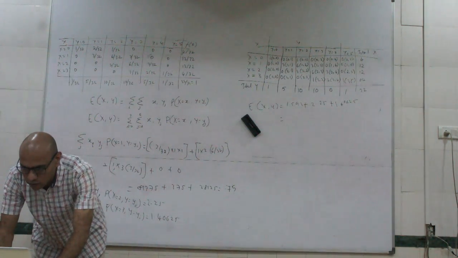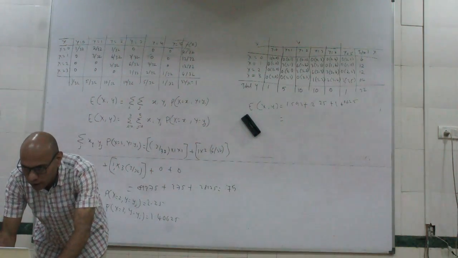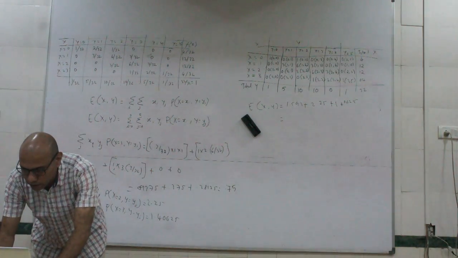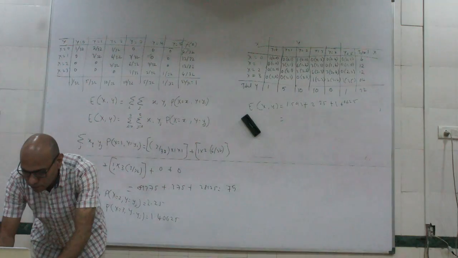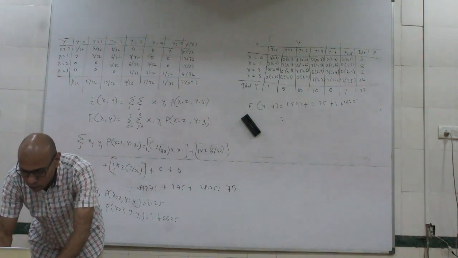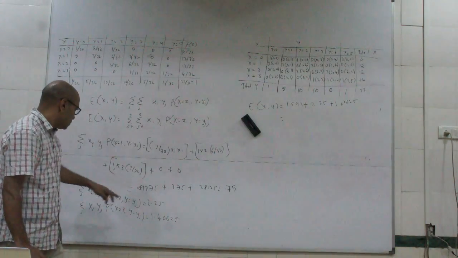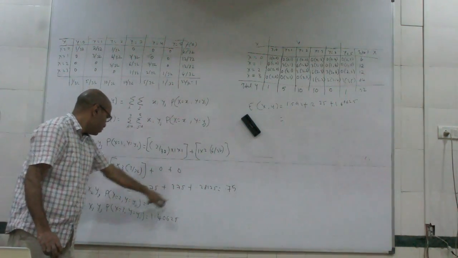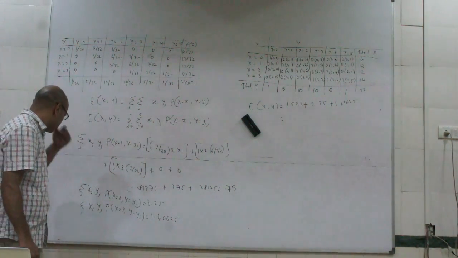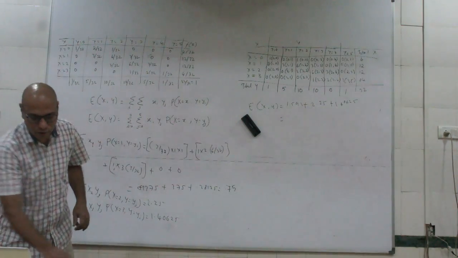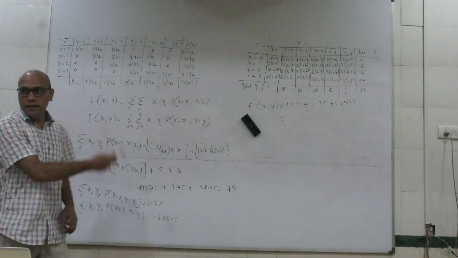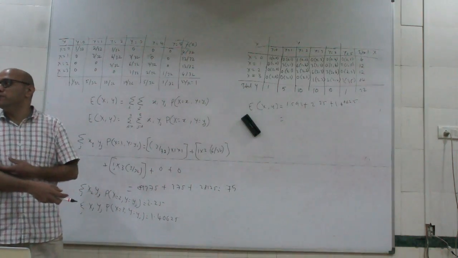So it's 1 into 3 by 32 plus 2 into, and so on. We'll have to do a lot of things, so let's not do it. You verify it, and wherever there is a correction, please let me know.